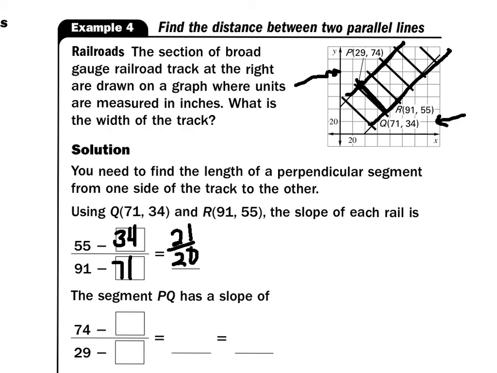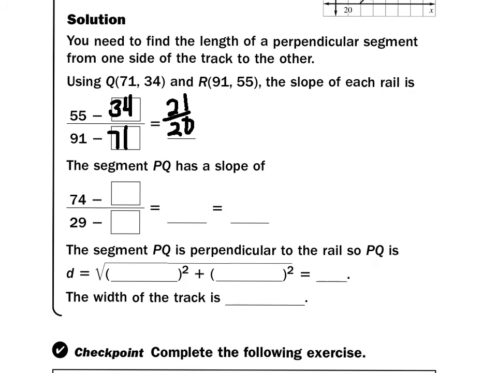So we want it to come out negative 20 over 21. So let's see if it does. 74 minus 34, 29 minus 71. So that equals 40 over negative 42, which reduces to negative 20 over 21. Okay, good. They're perpendicular to each other.